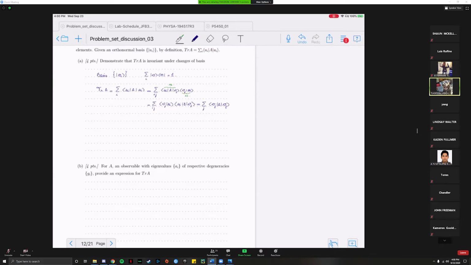What about the answer to the next one? What would you say for the next one? Are we assuming that the basis that we're working with, those are eigenstates of the operator A?